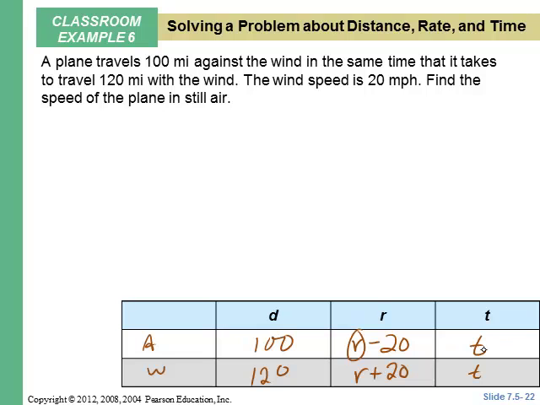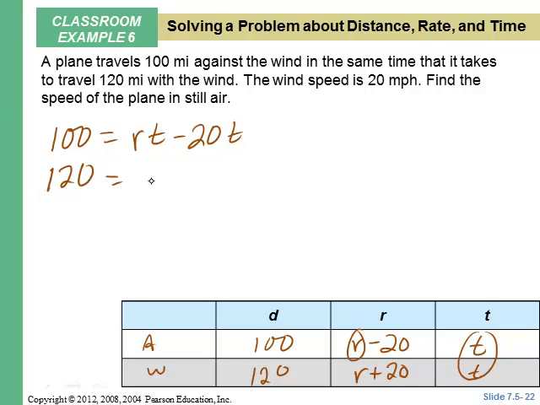Now, these two times are the same. So we could write the first equation, 100 equals RT minus 20T. The second equation would be 120 equals RT plus 20T.